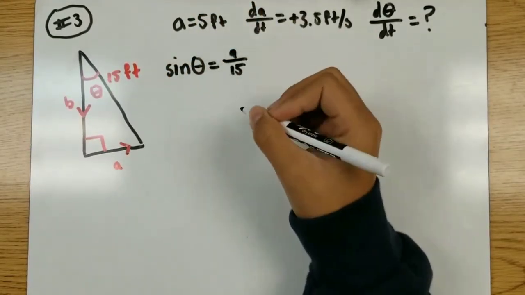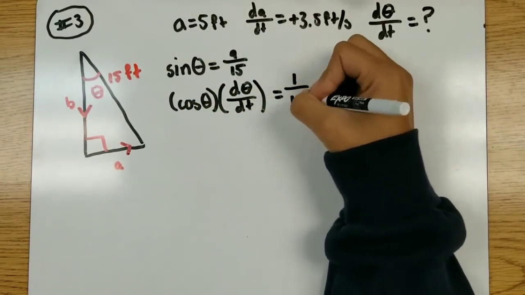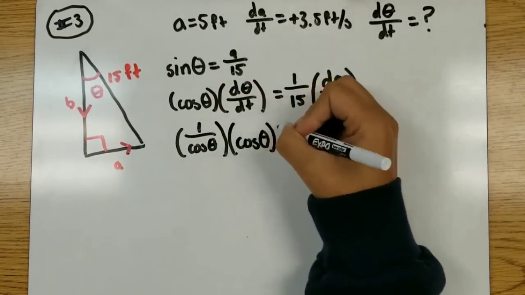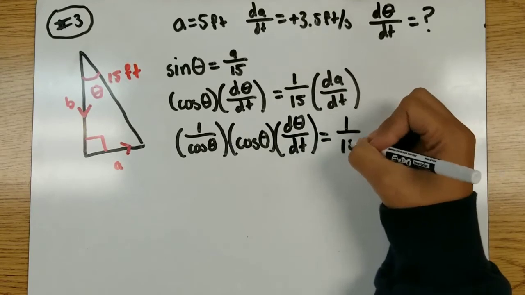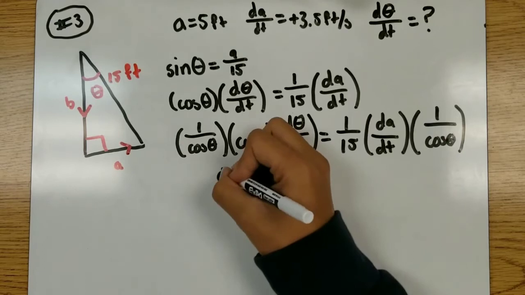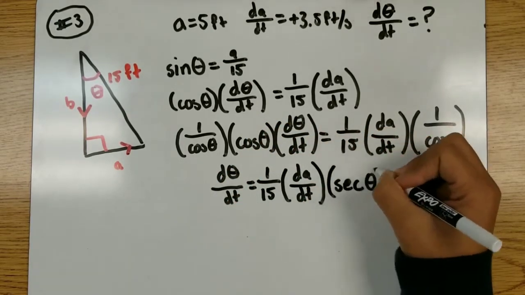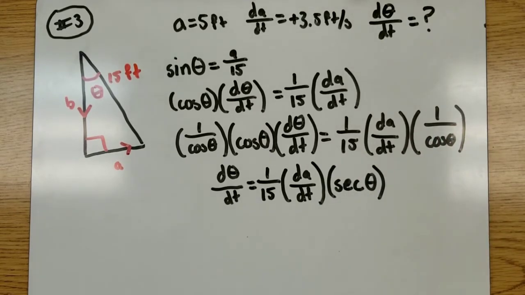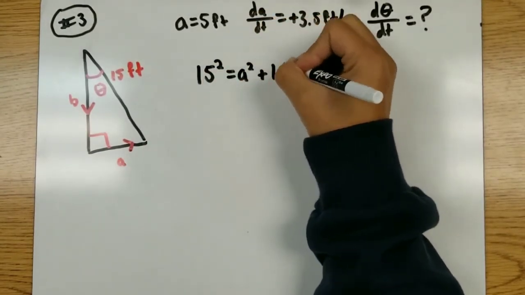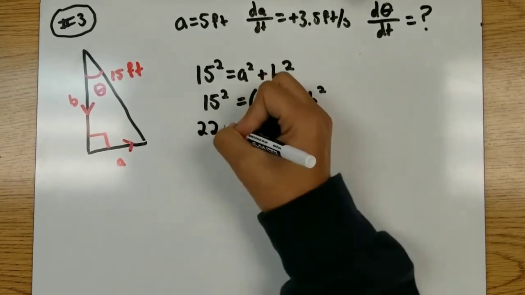By using the equation sine theta equals opposite over hypotenuse, we could solve for d theta over dt. Using the Pythagorean theorem, we can solve for side B.